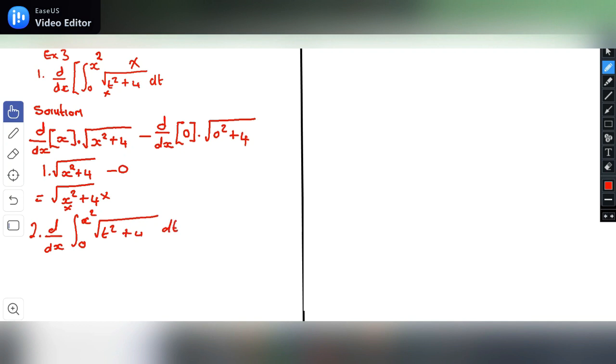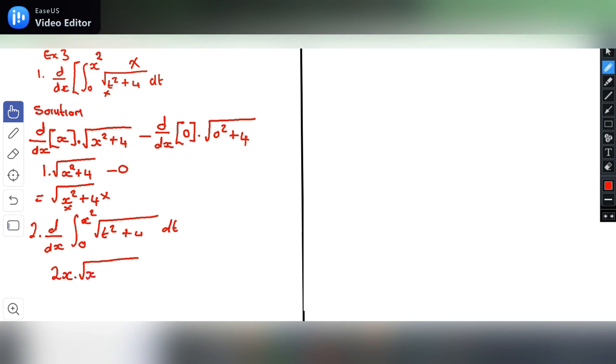So what are we going to do here? We are going to differentiate this upper limit x squared, right? Therefore, we're going to get 2x multiplied by the function. We can see that it is t, so we replace t with x squared.